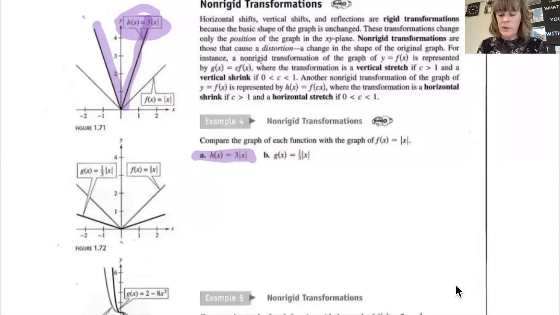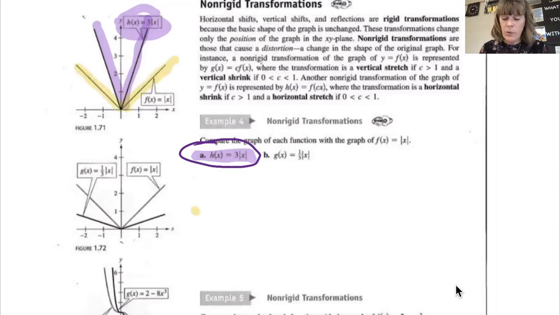So what we're doing is looking at the non-rigid transformations, which is our stretching and our shrinking. If you look at the one that we kind of touched on already, this first one, h of x equals 3 times the absolute value of x, you see the original absolute value of x graph here.